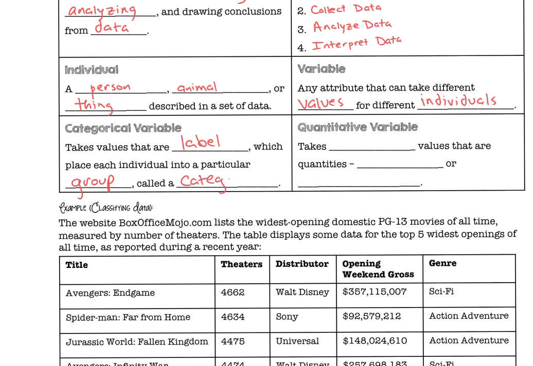And so your categorical variables are things that don't have numerical values. So like eye color. If I ask you what's your eye color, you're not going to tell me 7. You're going to tell me green. You're going to tell me brown. You're going to tell me blue. Another one might be what is your highest educational level. You're not going to tell me 6.